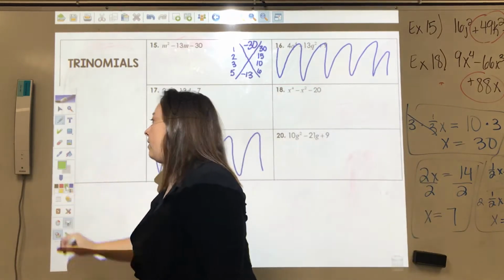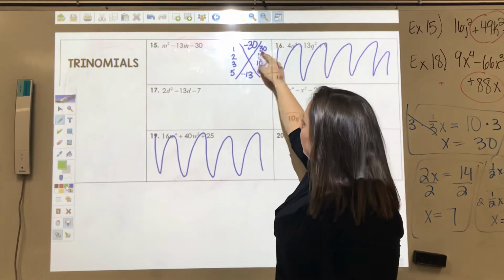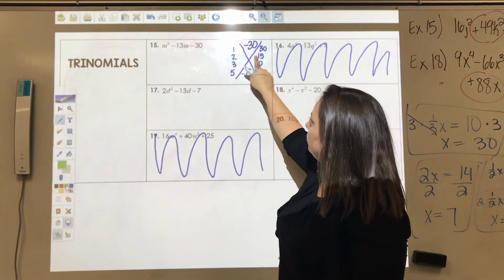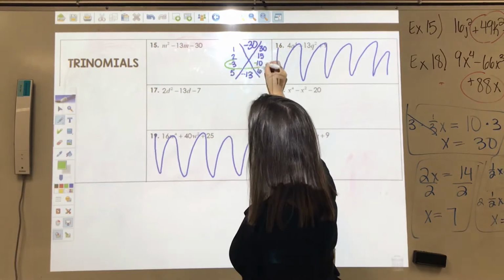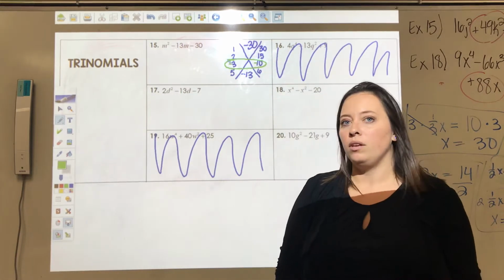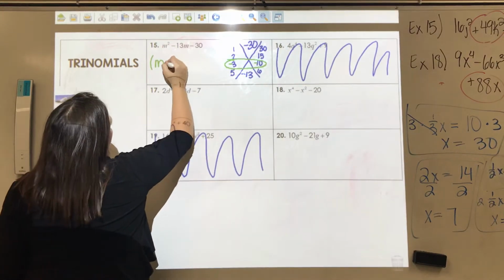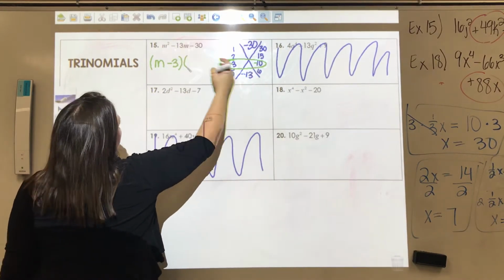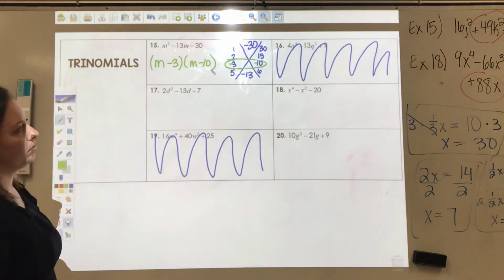I can add negatives if I need to. 1 and 30 is not going to give me 13, but 2 and 15 will if they are both negative. So this is the pair we use, and we already have our answer: m minus 3, m minus 10. That's the easiest of the examples.